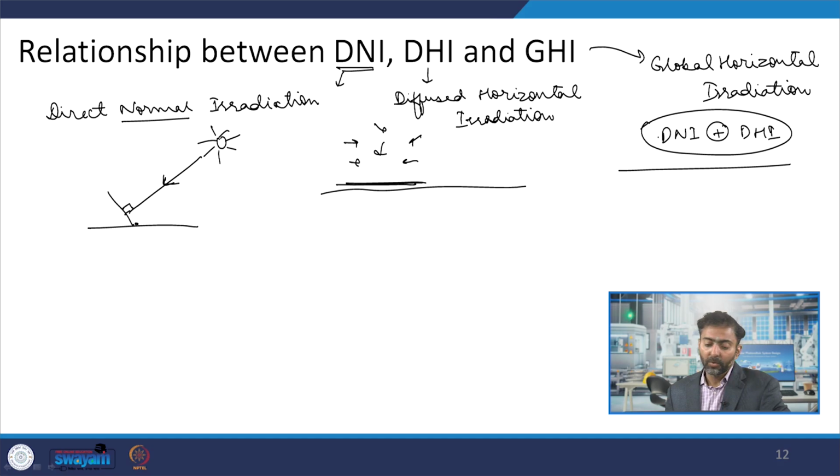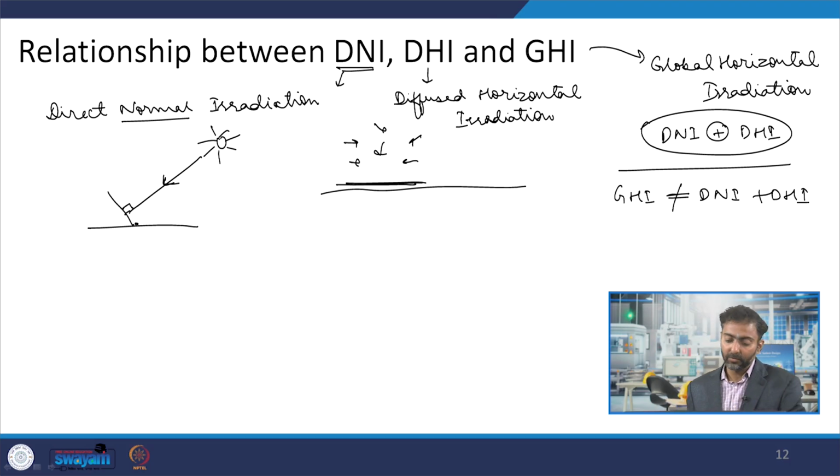However, please note that we cannot directly add DNI and DHI to get the GHI. If I were to say GHI equals DNI plus DHI, then this is a wrong statement. We cannot directly add them. And why is that so? Because, as we just saw, by definition they are intrinsically different. Diffused radiation we are measuring on a horizontal surface.